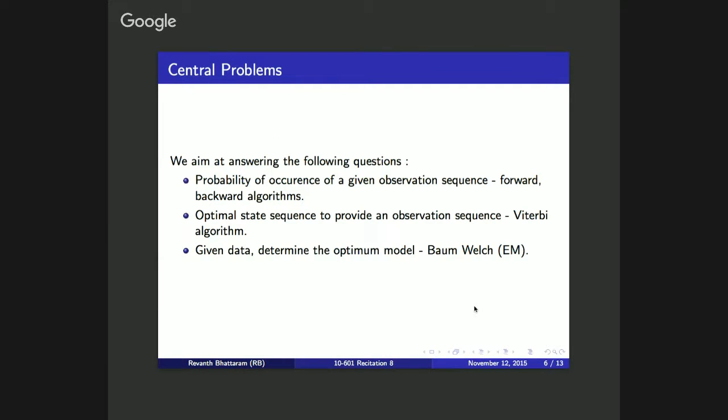Okay, so what are we doing in this course? Machine learning. We're given data and we have to learn an optimal model. So you're given a set of observations and you have some idea about what your HMM looks like. You know what the states are, what the latent states are and what they represent. But you do not know what the observation probabilities are.